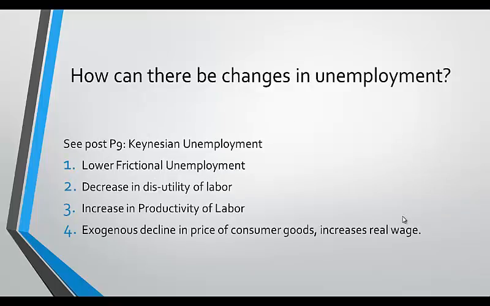I'm now going into a little bit more detail. This is actually from Keynes' book, chapter 2. He looks at four possibilities within the classical model about how employment can change. One is frictional unemployment: there can be some systematic change where people find jobs more quickly. If there is a government agency matching people with jobs, then maybe that will reduce frictional unemployment.